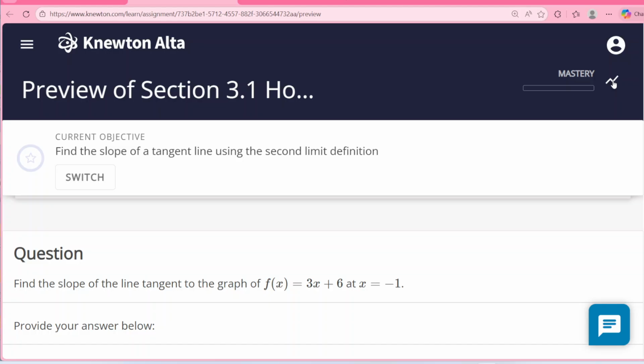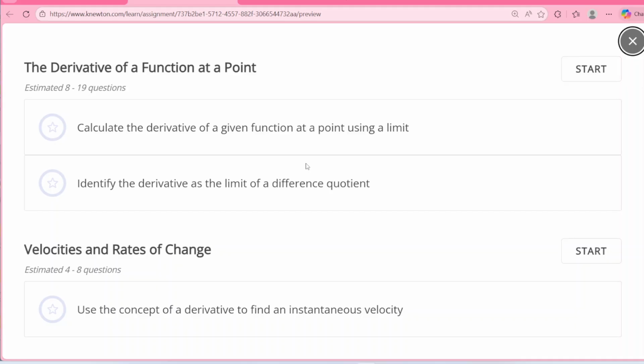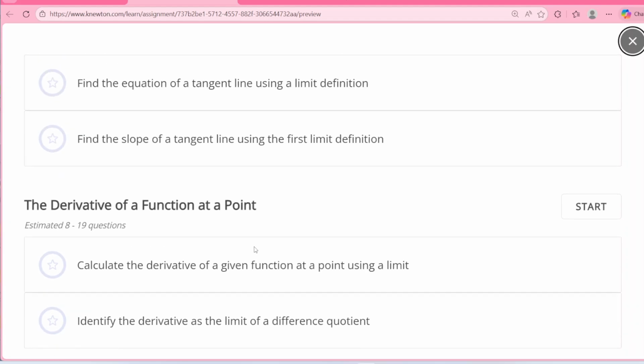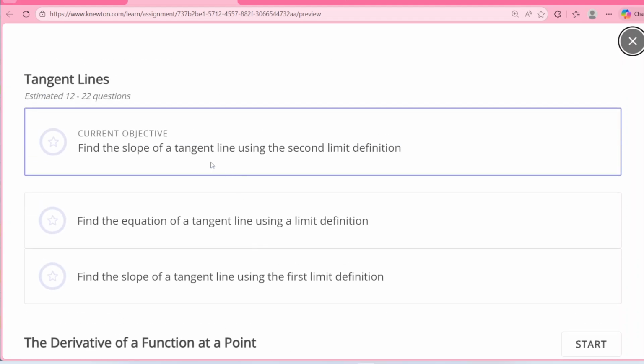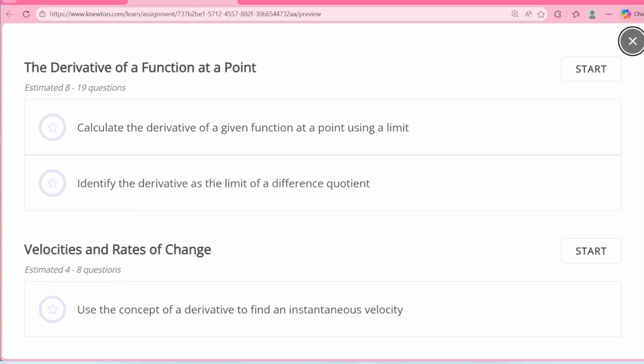Next to that, an activity log, where you can see all the objectives in the assignment. So it looks like there are 6 objectives in this assignment, broken up into 3 sections. There's tangent lines, the derivative of a function at a point, and velocities and rates of change.